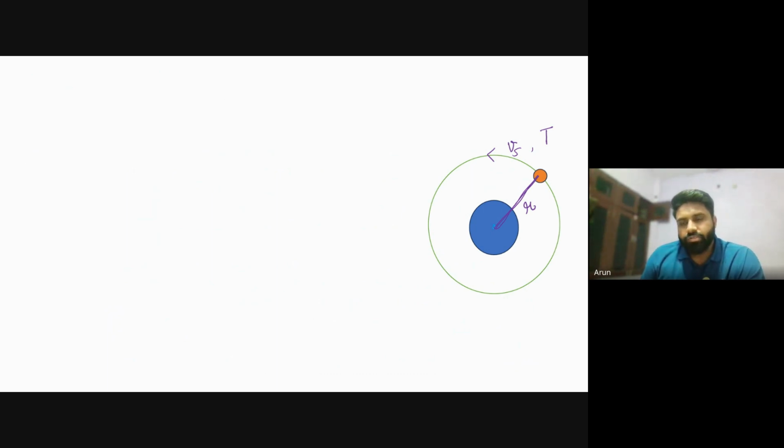So what we can do, we can take that here a force is acting towards the center of the heavier object, which is the centripetal force Fc. From that you can say that the centripetal force, which is mv square divided by r, is equal to the gravitational force.